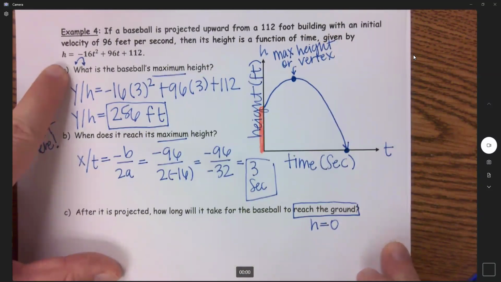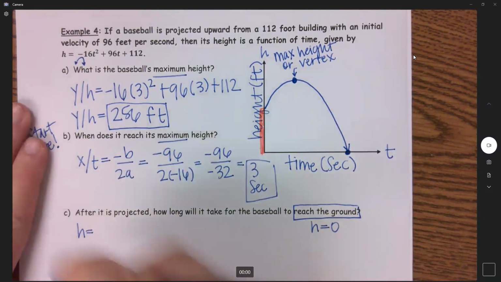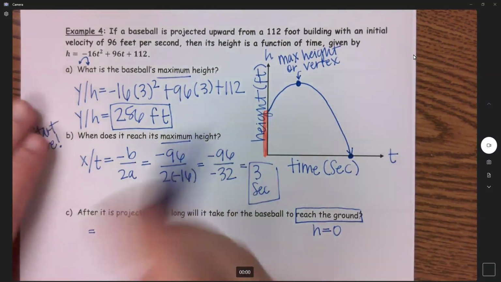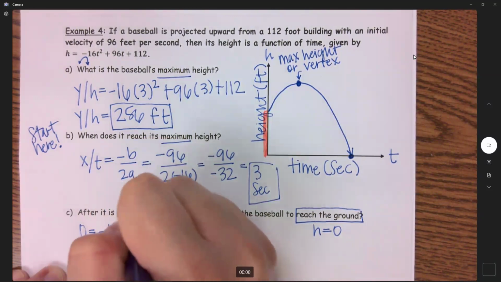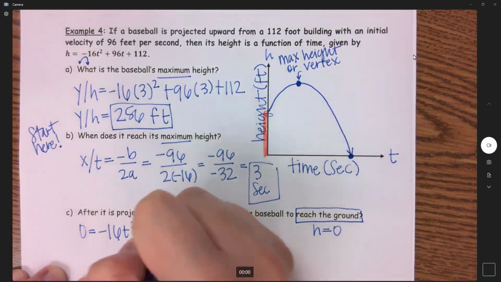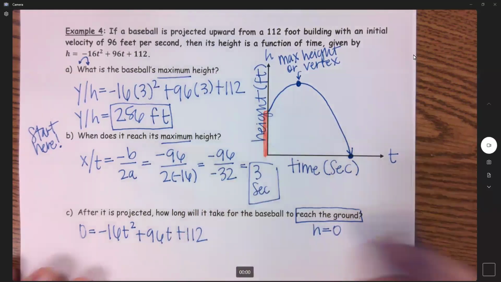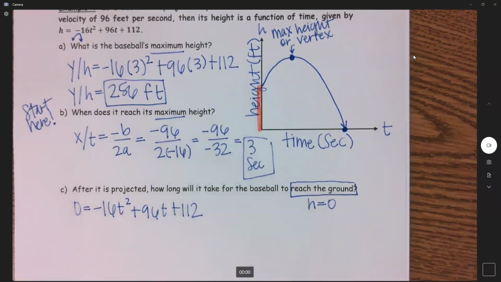So I'm simply going to take this equation, h equals, and put in a 0 in place of that h. So 0 equals negative 16t squared plus 96t plus 112. I'm wanting to know how long, so I'm solving for time right here.